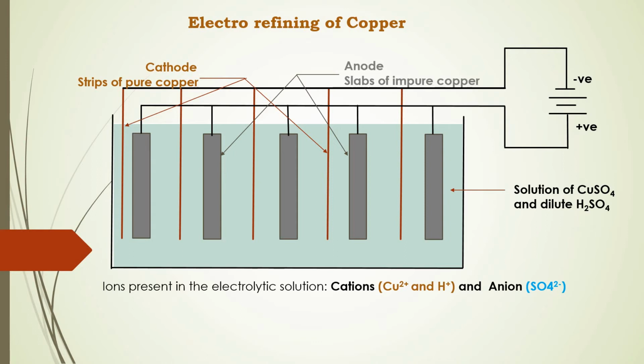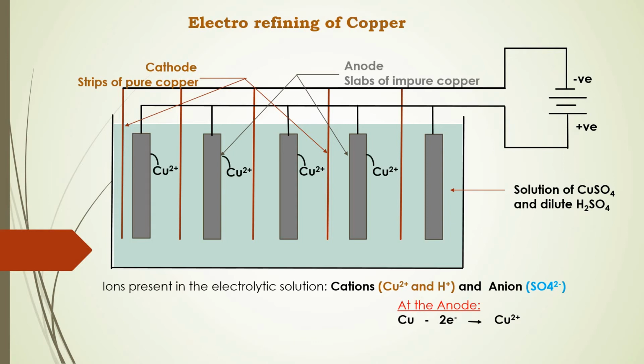Now let us see the type of reaction at the anode and cathode. Now at the anode, copper metal from the impure mixture loses electrons and converts into copper cation.